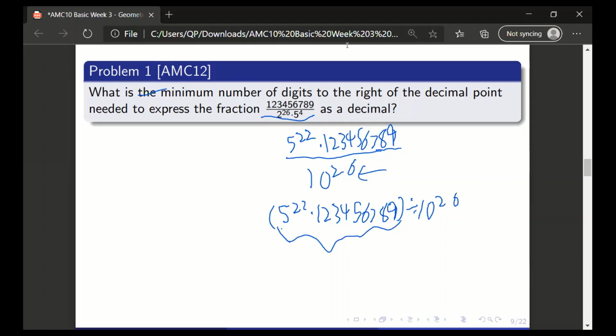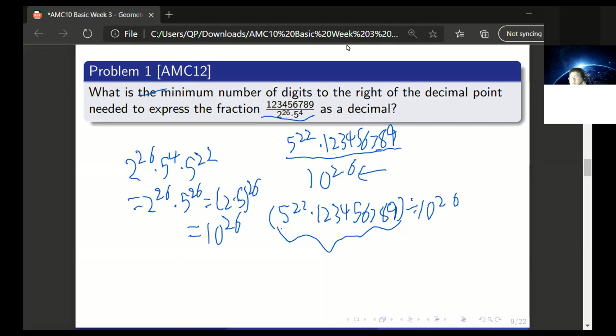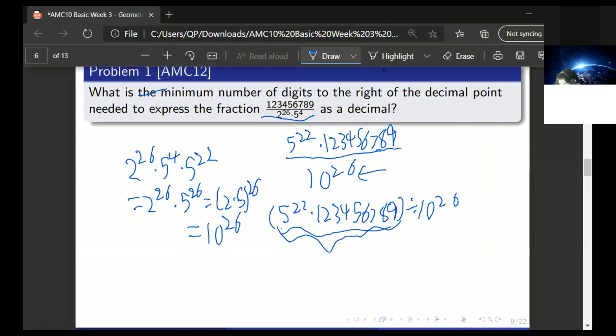5 to the 22nd equals 2 to the 26th. And okay, so once you get that, it's this number divided by 10 to the 26th.